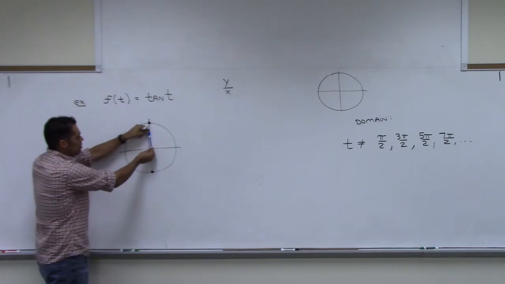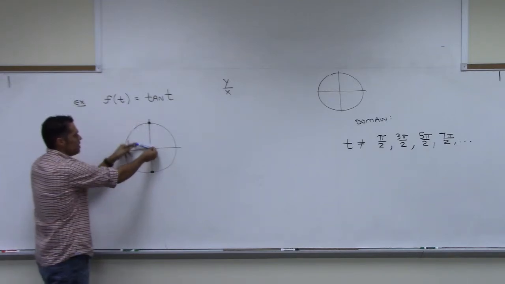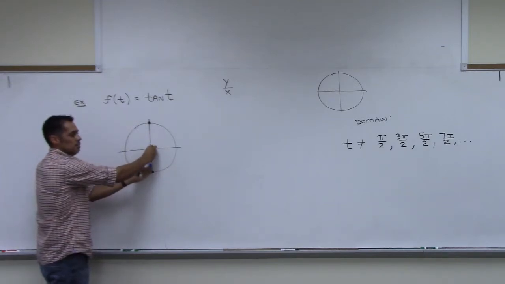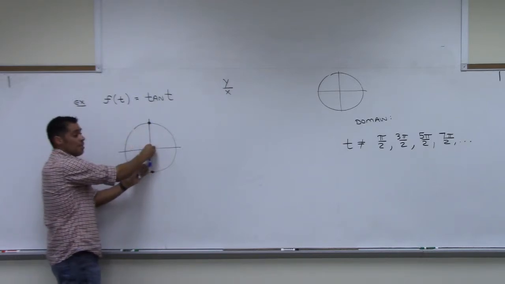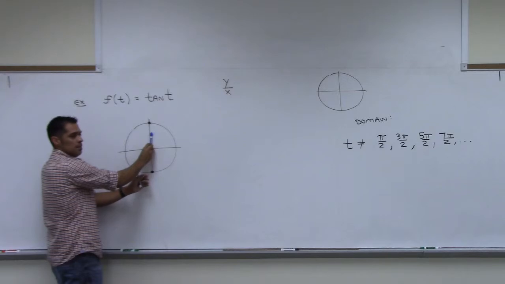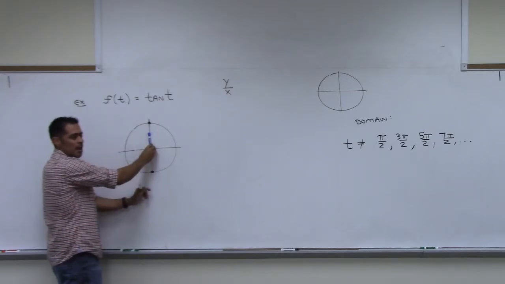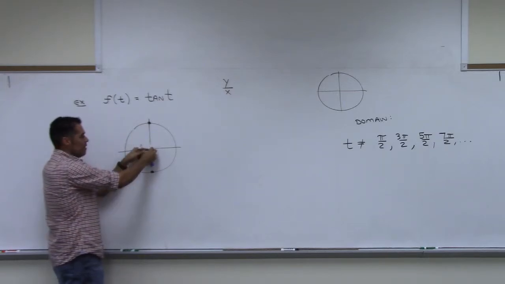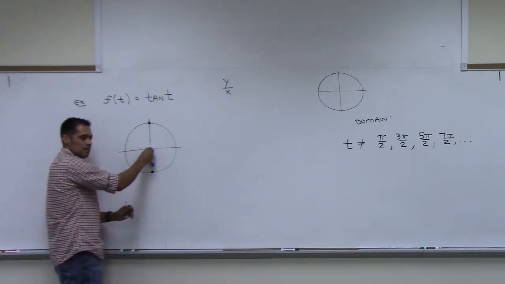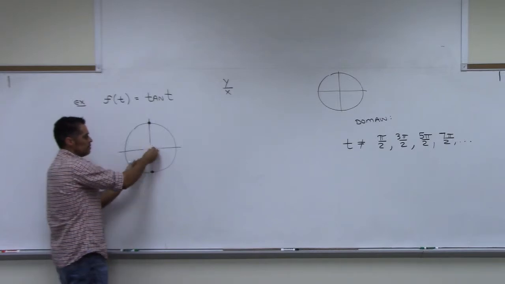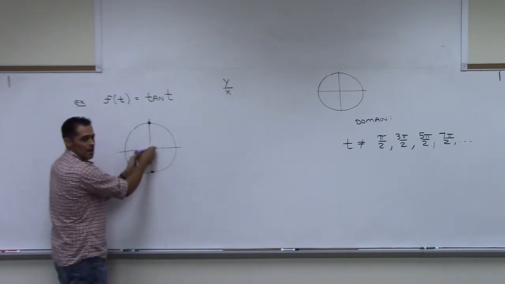So it can't be pi over 2, but it can't be pi over 2 plus a pi. Now, can you get from this back to here? Add another pi, right? Can you get from here back to here? Add another pi, right? And then back to here, another pi. Or I could have started here, subtract pi over 2, then subtract pi, subtract pi, subtract pi.